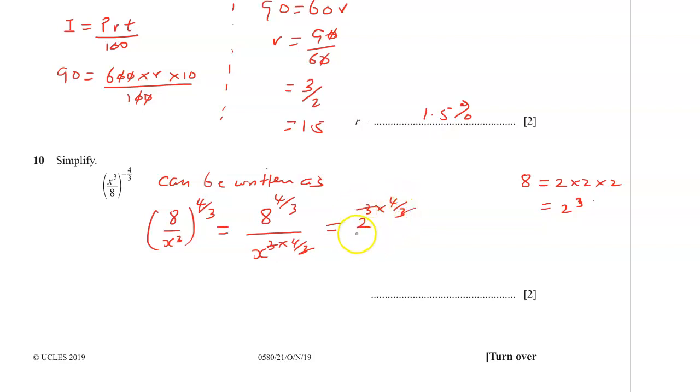This 3 will cancel there. Then this will be x raised to the power 4. So what you're going to get here is 2 raised to power 4 upon x raised to power 4, and 2 raised to power 4 is 16. So you get 16 upon x raised to power 4. That should be our answer, 16 upon x raised to power 4.